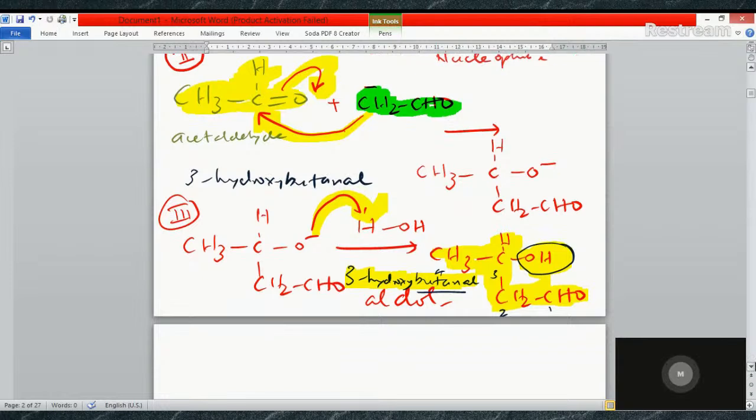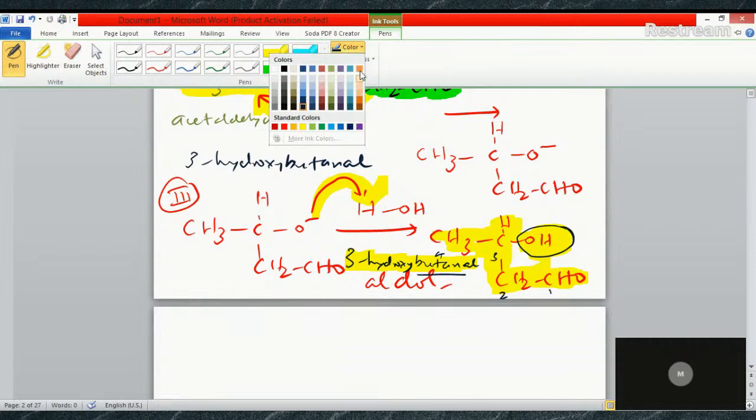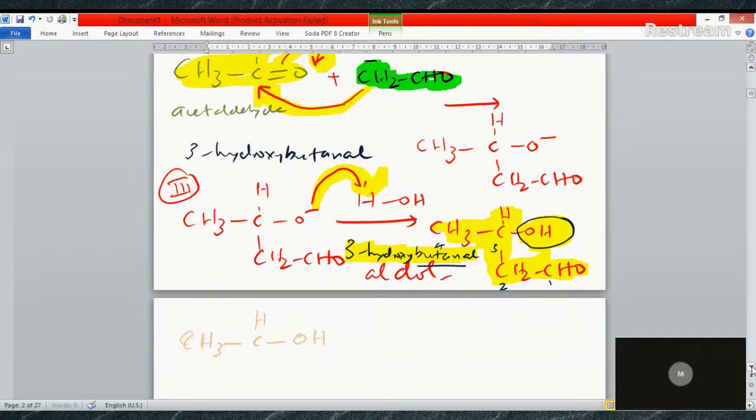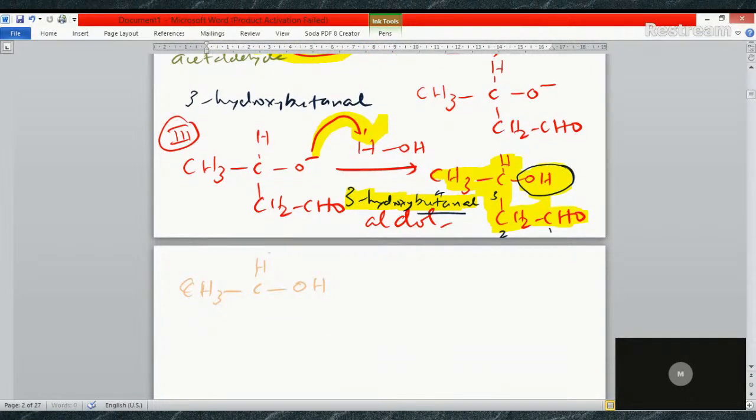On heating, what is happening? Yes, if you heat it, I can write that reaction: CH3CH(OH)CH2CH4, in which one of the hydrogens is taken outside conveniently.